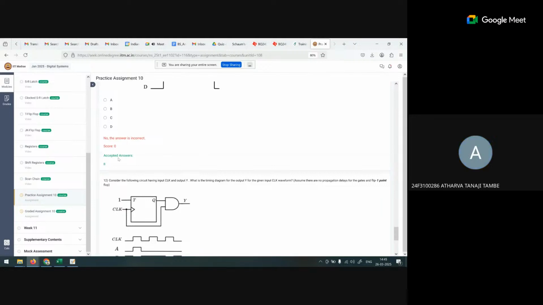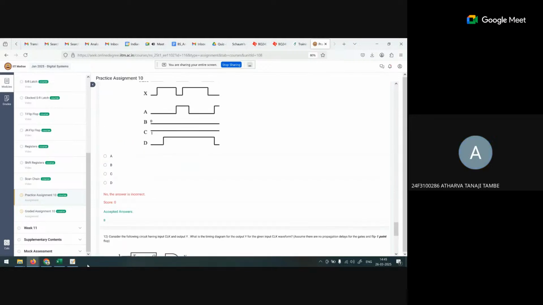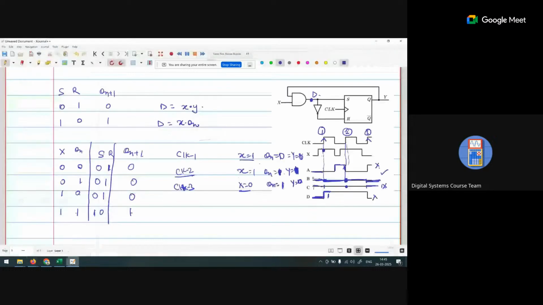So you have to consider the previous state. For example, I am just repeating it again. This is my clock 1. At clock 1, what is the value of X? 1.